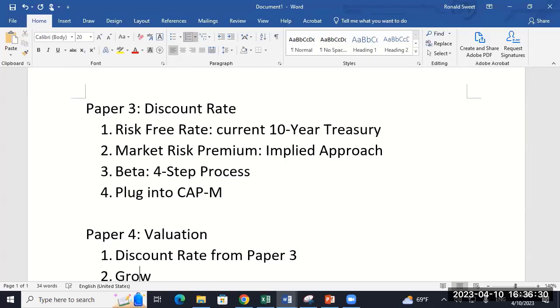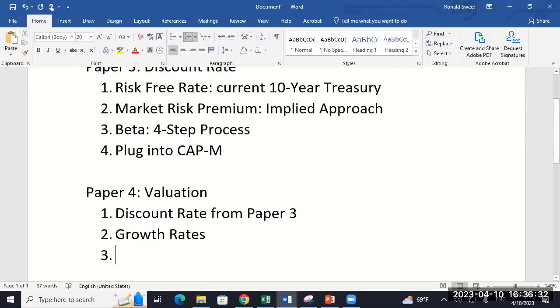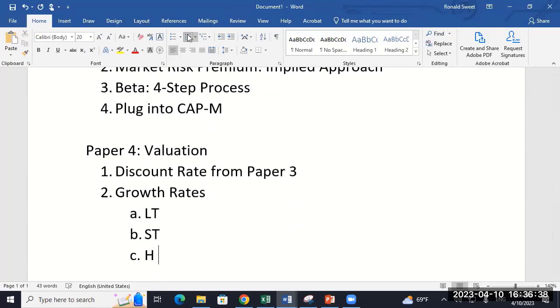And then you're going to need growth rates. You have long-term and short-term, and the H, the timing. And some of this, especially the long-term, tie to paper 3. You also need inflation for one of our models.